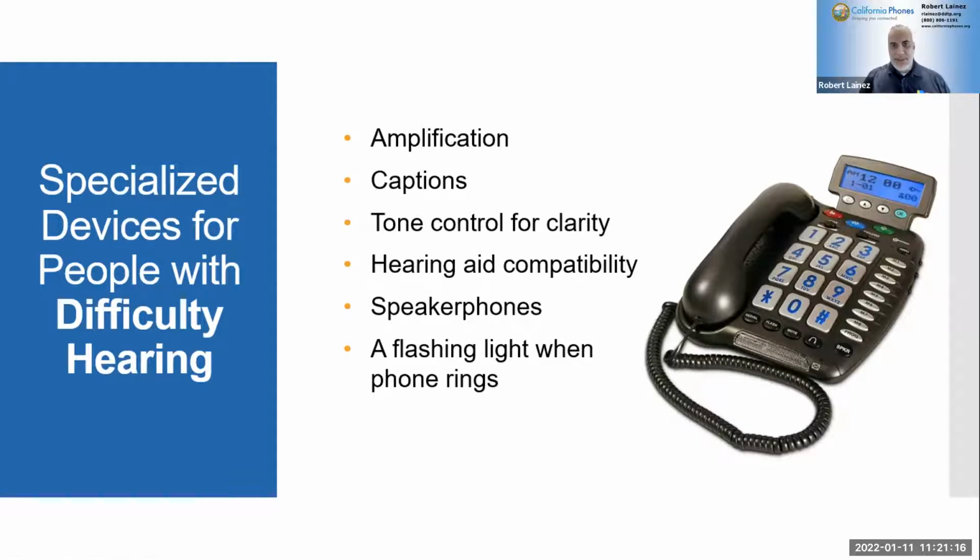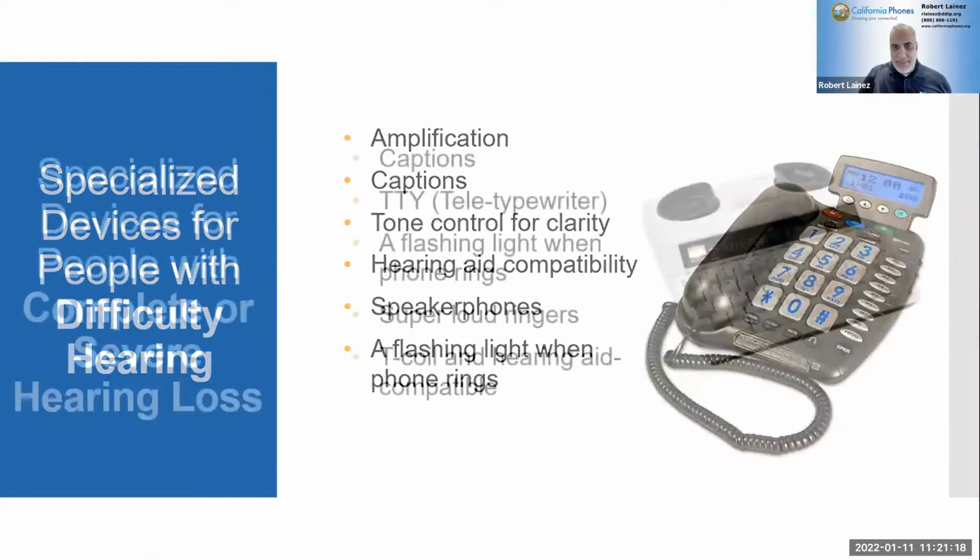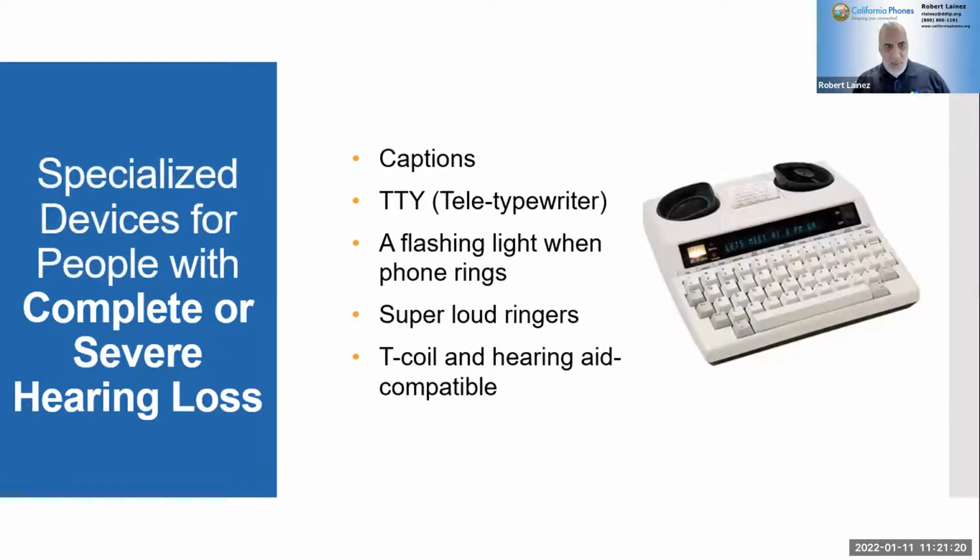Moving on to the next category, we have telephones for people that have severe or no hearing at all. This is very old technology that still works, which is a TTY, a teletypewriter. With a teletypewriter, you connect with what we call CRS, our California Relay Service, which we also manage for the state.